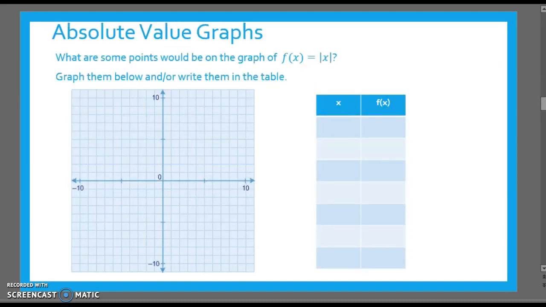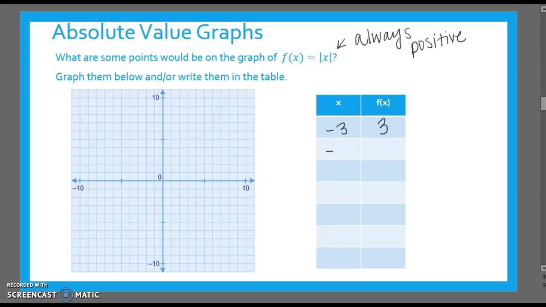So absolute value graph. So what are some points that would be on the graph of f of x equals the absolute value of x? Well, first things first, absolute value is always positive. Okay, so make sure you remember that it's always positive. So if I wanted to plug in -3, the absolute value of -3 would be 3, right?